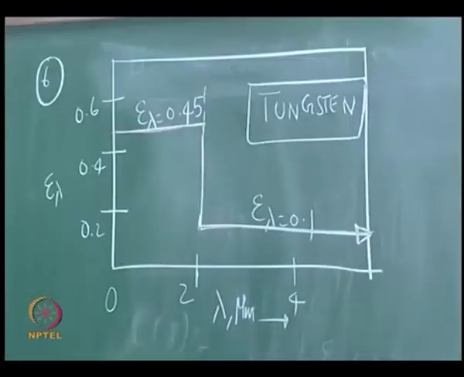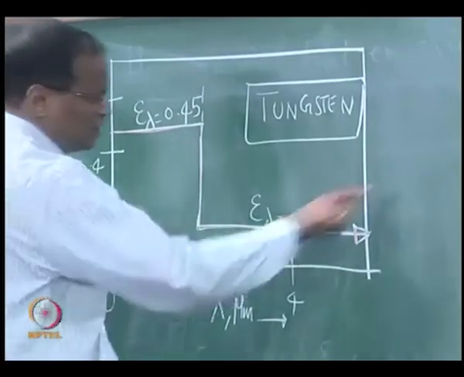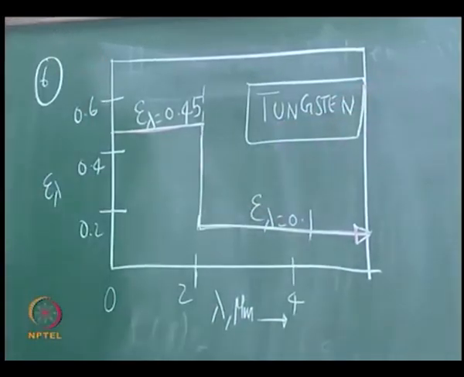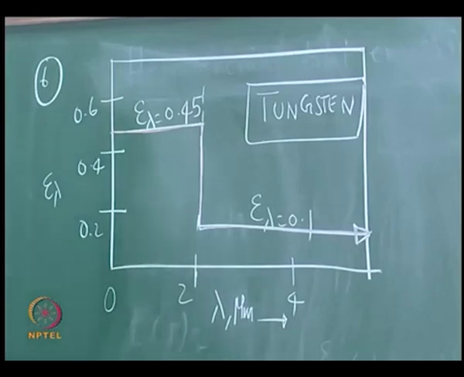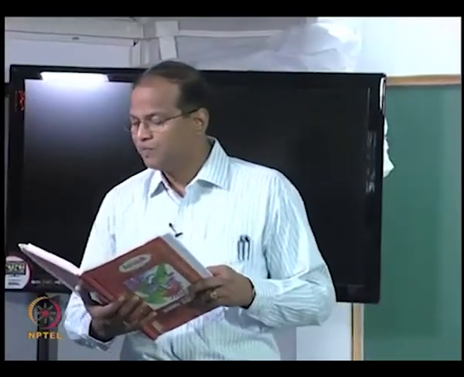It is going on. So arrow mark means it continuously goes as 0.1 up to infinity, right? Epsilon lambda does not stop beyond 2 micrometer, it is having a uniform constant value of 0.1, right. Please take down this problem.